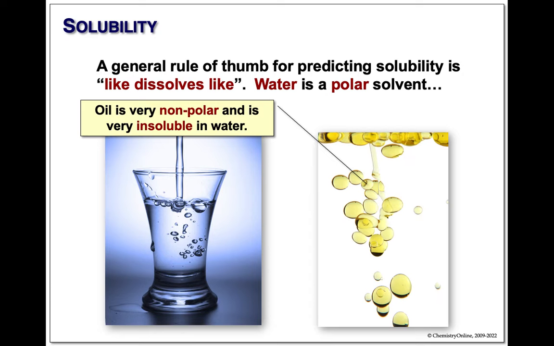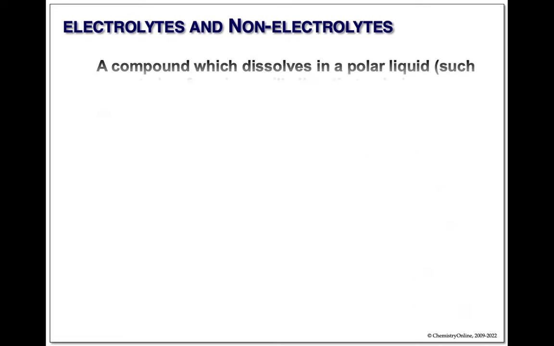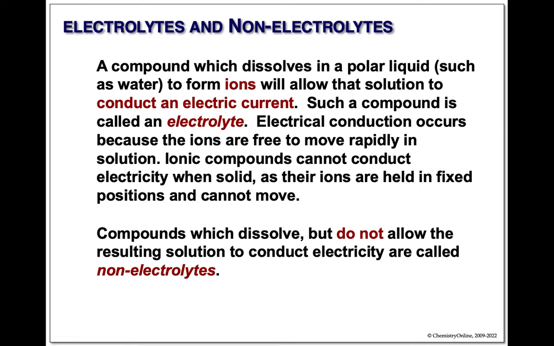Now, when things dissolve in a polar solvent, ionic compounds, for example, we saw that they form ions. These ions in water have the unique property that they allow an electric current to flow through the water.